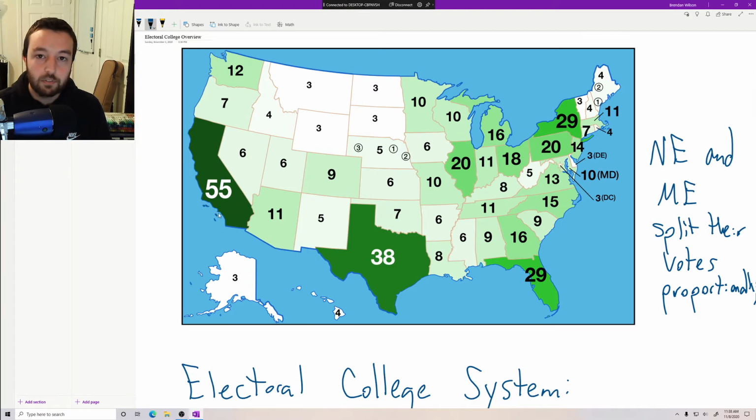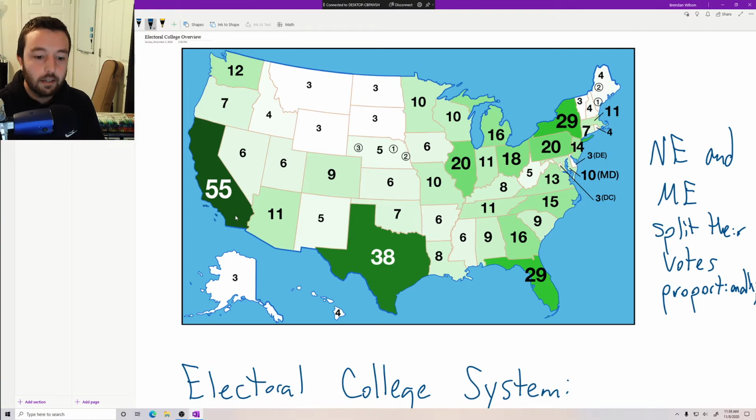California has the most with 55, and that's because, like I said, it's based on the House of Representatives, and how many people you have in the House of Representatives is based on your population. I'm actually, what I said wasn't exactly true. It's based on the House of Representatives and the Senate.